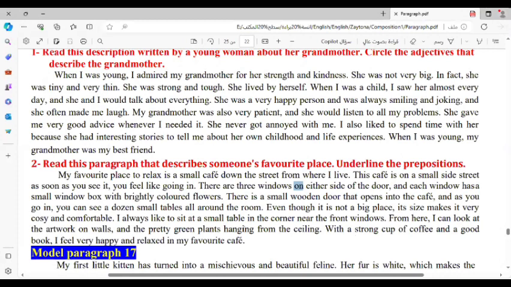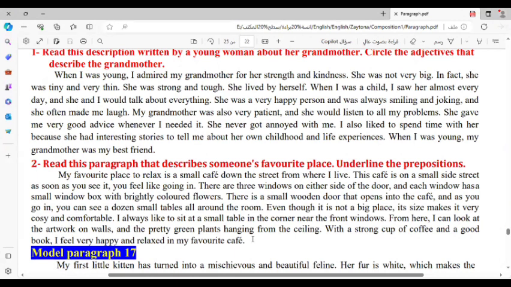In, yes, very good. We have around. Into, yes, into. We picked into already. Yes, very good. This is about prepositions. And near is a preposition. Sorry. Yes, near. Near, preposition. Yes.